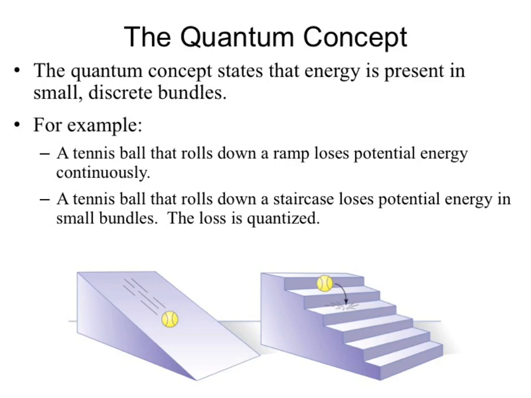If we look at the ramp, I can make contact with the ball on the ramp at any level of energy. The steps, I cannot. Quantization, I think I said that right, is like steps. Okay? We have distinct energy levels, or discrete energy levels. The ramp is a continuous spectrum.